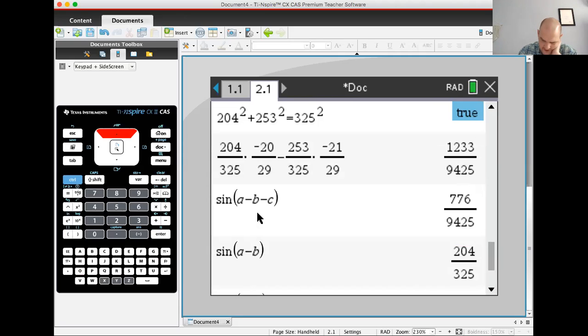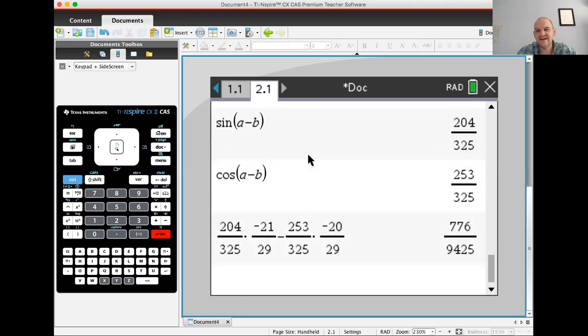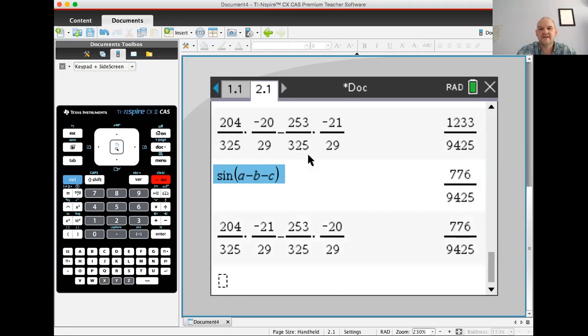Oh, I mixed up cosine and sine on paper. So actually what I was supposed to do here is 20, and this is supposed to be 21. That's it. I did it to myself. All right, so it will be 776 over 9425.